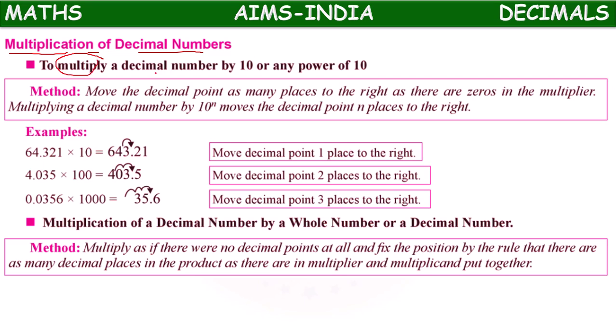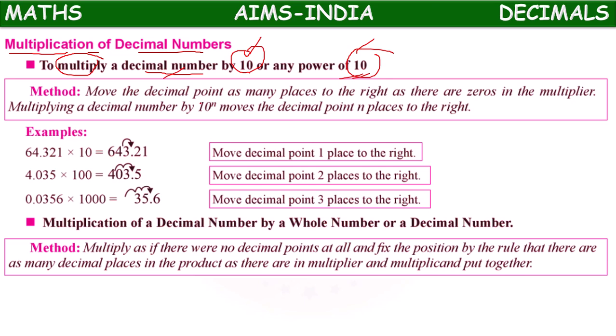So to multiply a decimal number by 10 or any power of 10, this in multiplication first type, in first type we are going to multiply a decimal number by 10 or any power of 10.